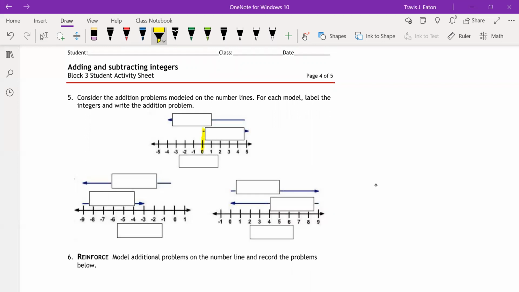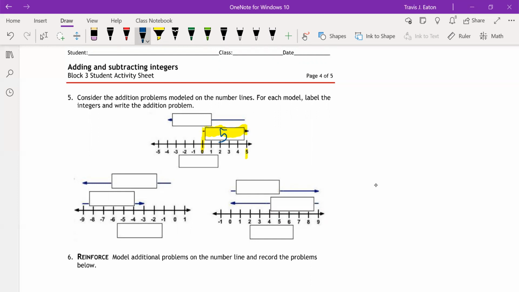We're starting at 0 and moving to our first value. So that means we're moving this direction to our first value, which happens to be 5. So put that in blue here. 5 is our first value. So we're going to label these integers on the diagram and then write the addition problem when we're done.